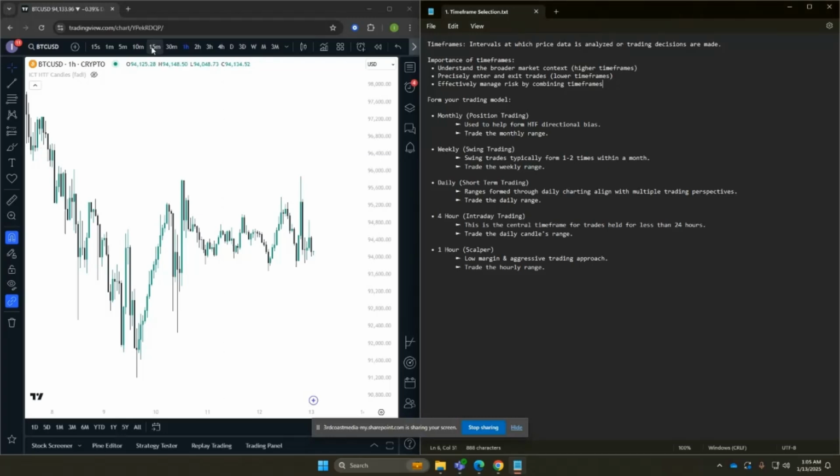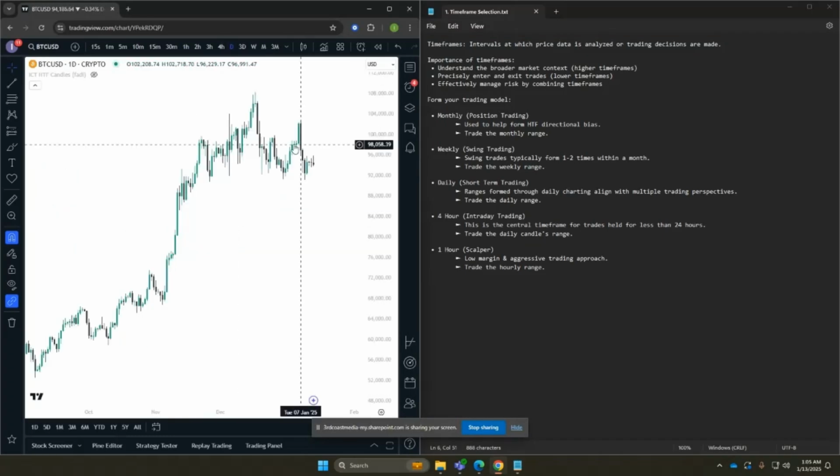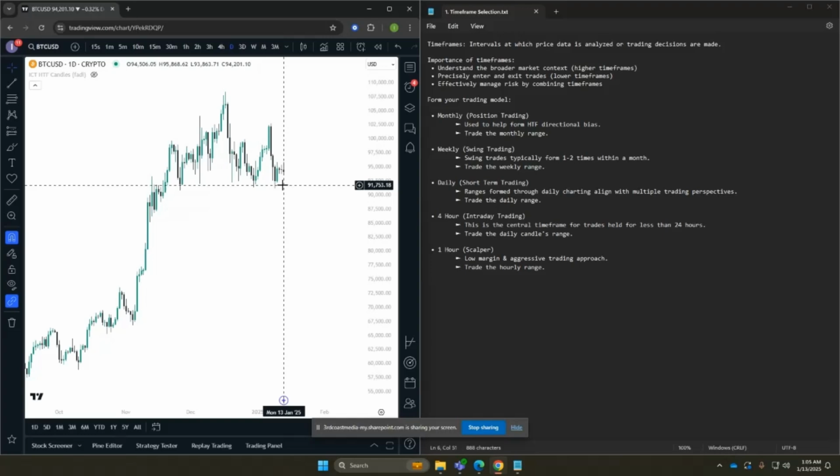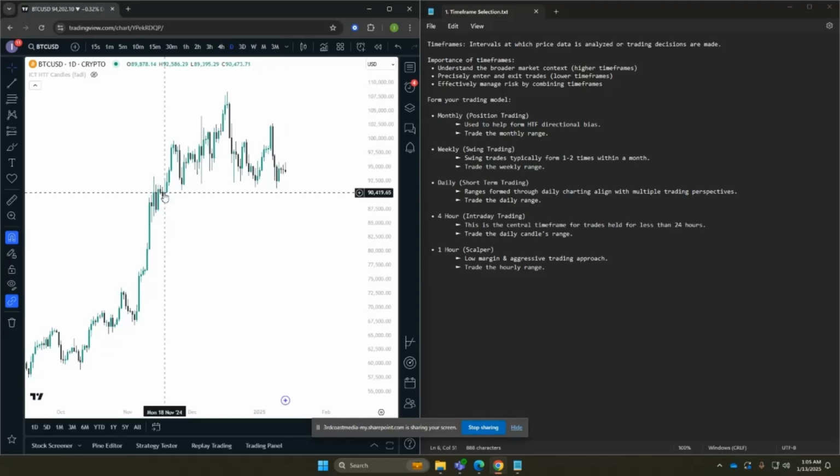Whenever we use time frames appropriately, it helps us effectively manage risk. If we combine time frames, we can get the idea that, hey, maybe right now we're in a bit of a bouncing period, so maybe it's not likely to expect something like a crazy move that occurred over here.